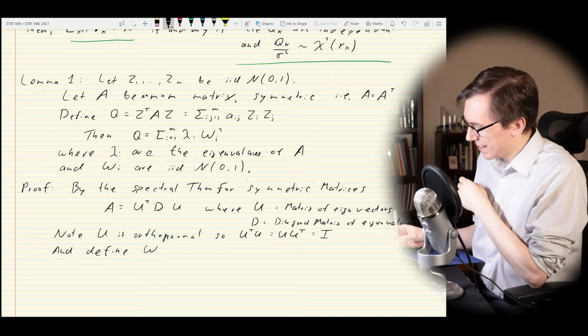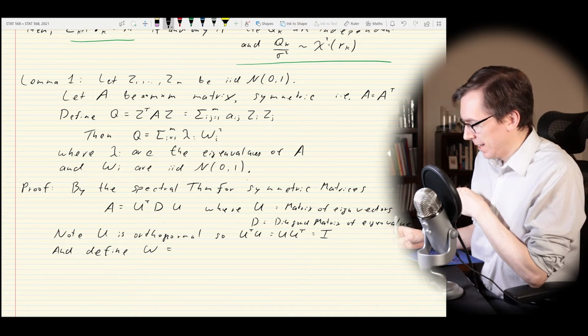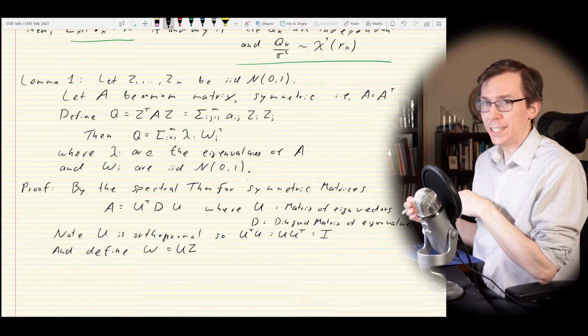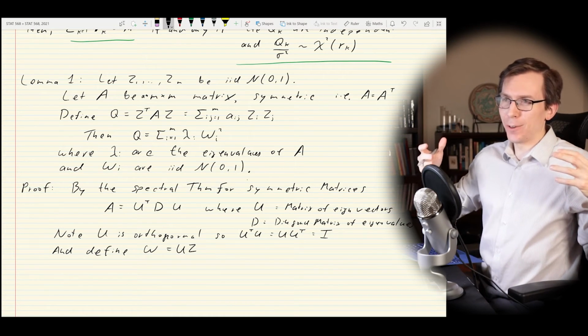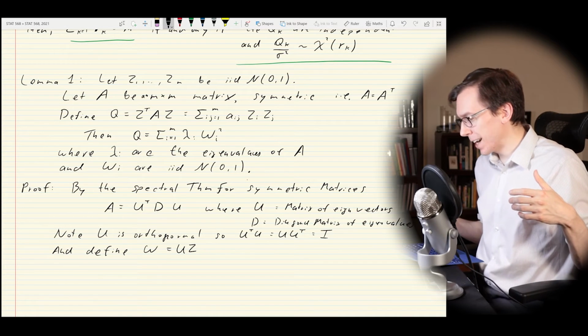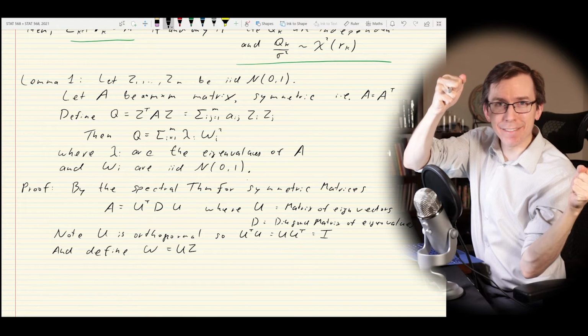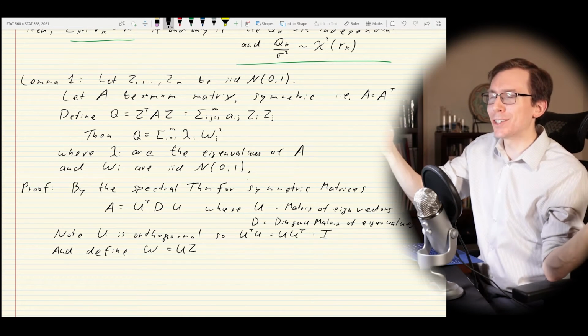The idea is that we can define the vector W by taking the vector Z and rotating it by U. When you have an orthonormal matrix, like a matrix of eigenvectors, what you're basically doing is rotating that vector in m-dimensional space.